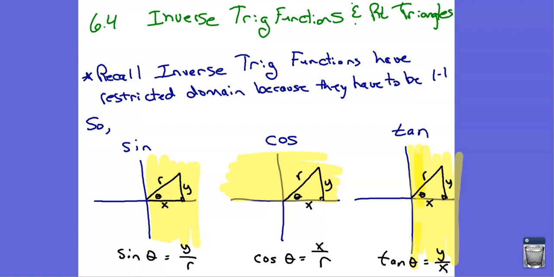So remember sine: if we restrict the domain of sine, then it does have an inverse. We restrict the sine function to the first and fourth quadrants. In other words, if you think about the normal sine function when you graph it, it starts at 0 and it does this, and it does this, but to be one-to-one, we have to restrict the domain.